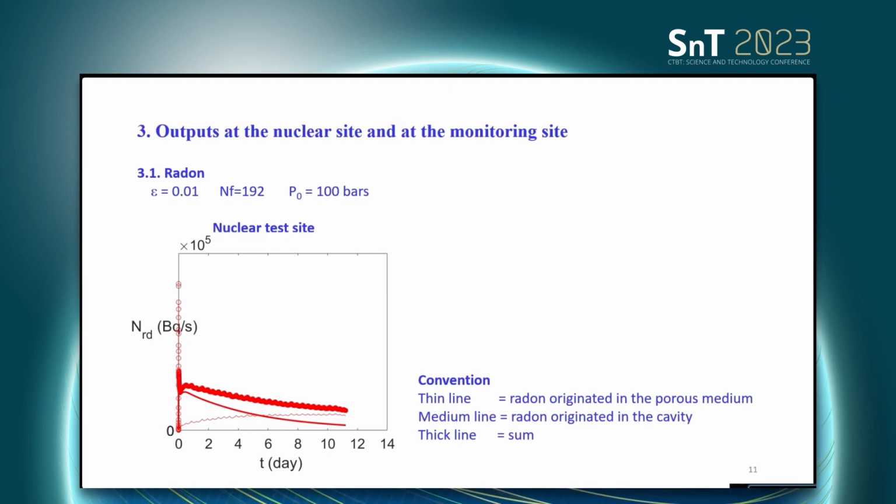The first one is radon, but I will go very quickly with this. At the test site, you have a contribution of radon originated in the porous medium, the thin line. The medium line is the radon originated in the cavity, and the thick line is the sum.